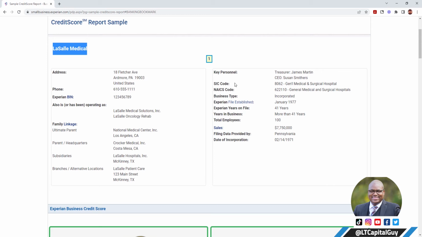So you would have to go and figure out what your SIC code is, and you can go to the website and search through the SIC codes to find out which one matches your company. Based on what you enter into the applications when you're applying for credit with any of these vendors, typically that's what is going to show here, and it basically gets information based on what's sent to it.